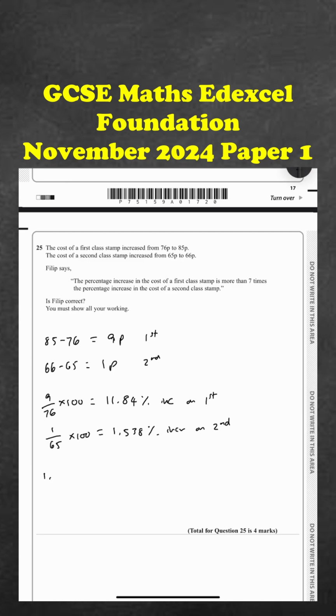Then we need to do 1.538 times 7 to see if that's more or less than 11. That is 10.769%, which is less than the 11.84%. Therefore, Philip is correct.